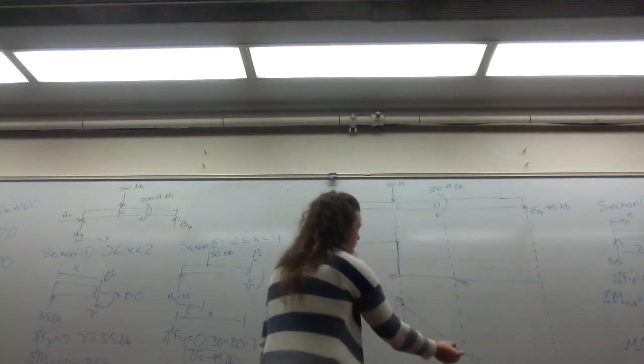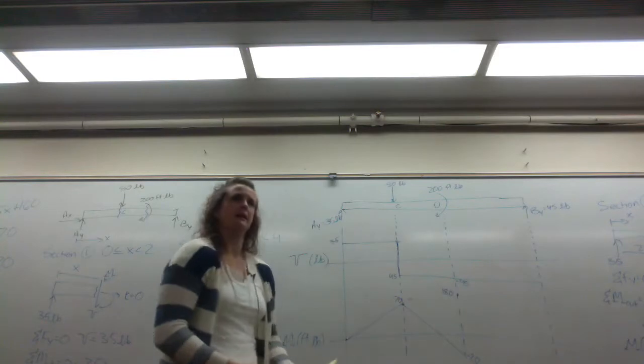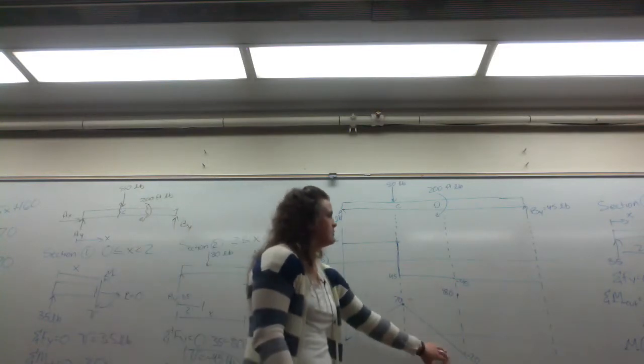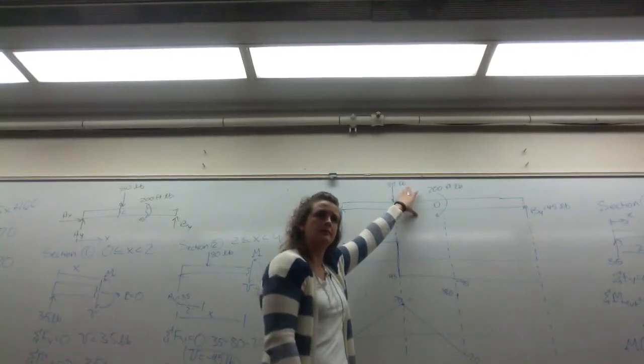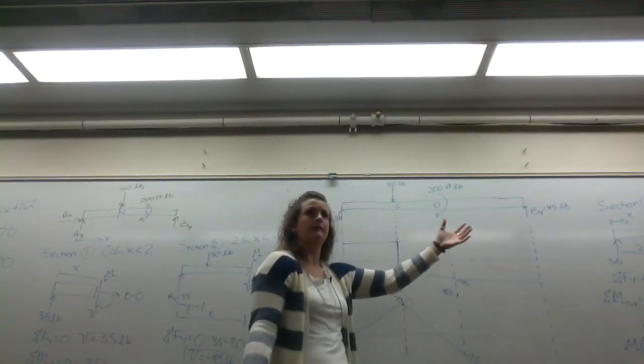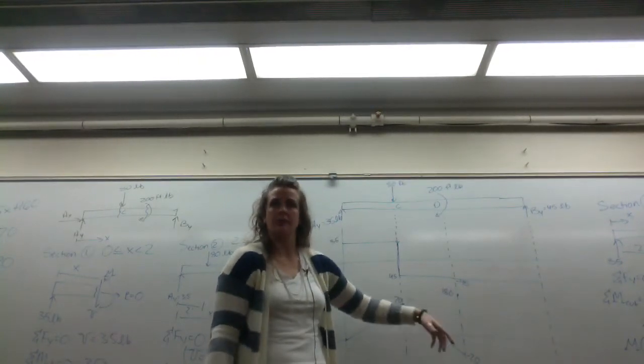So at x equals 4, we jump up to 180. What's negative 20 plus 200? 180. This applied moment causes an instantaneous change in your bending moment.